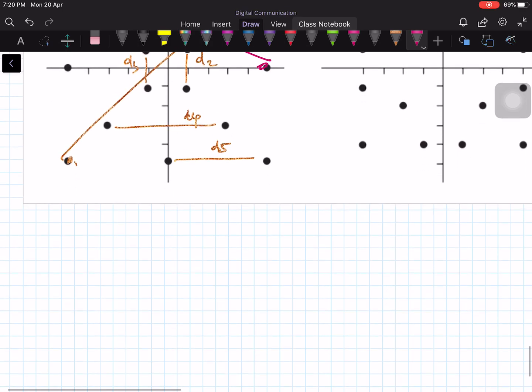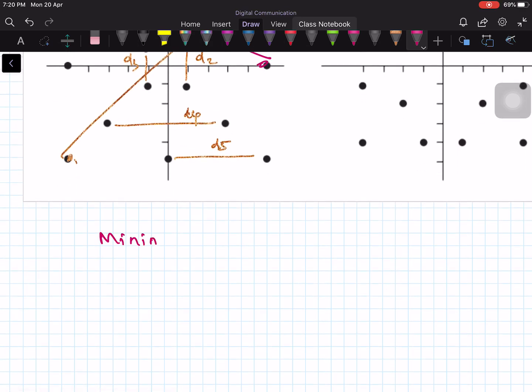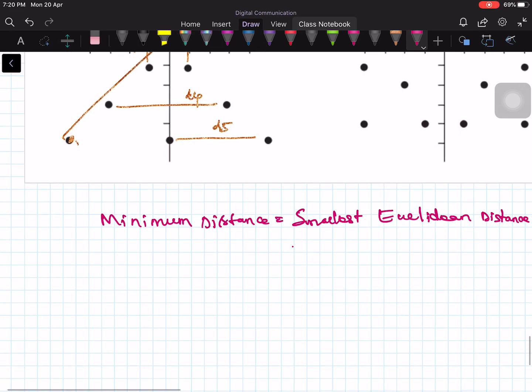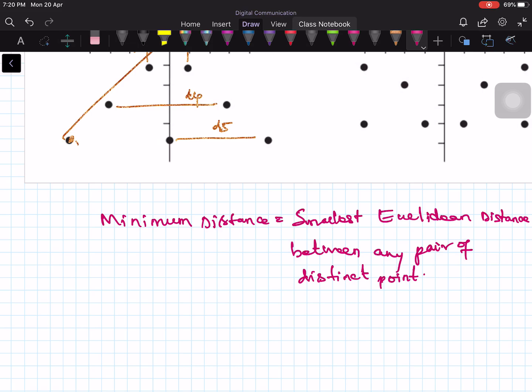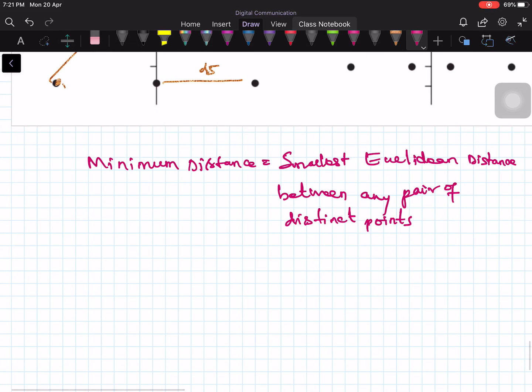So the definition is given by: minimum distance is given by the smallest Euclidean distance between any pair of distinct points on the signal constellation.